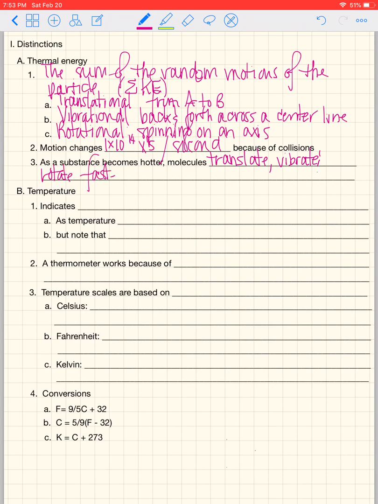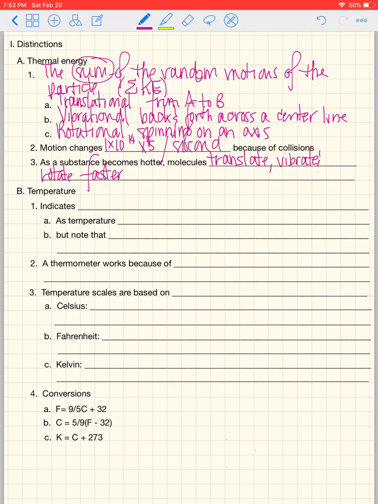Molecules don't get hotter, they get faster. And in the getting faster, they get faster in all forms of their motion, translational, vibrational, and rotational. All right, so thermal energy is the sum of the random motion, or the sum of all of the kinetic energy, be it translational, vibrational, rotational, of all of the particles in a substance.